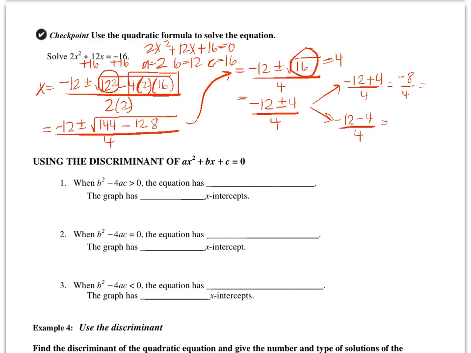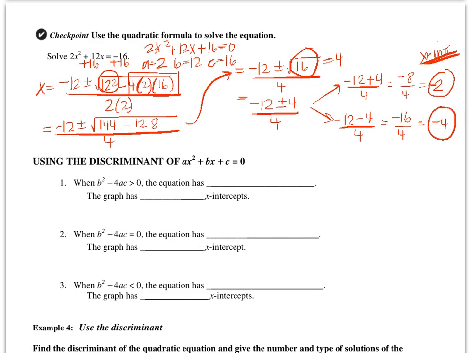When you divide it by 4, you get negative 2. That's one solution. The second solution, negative 12 minus 4, is negative 16. When you divide it by 4, you get negative 4. So you're again looking at two solutions, and these again are x-intercepts on your graph, easily graphable.